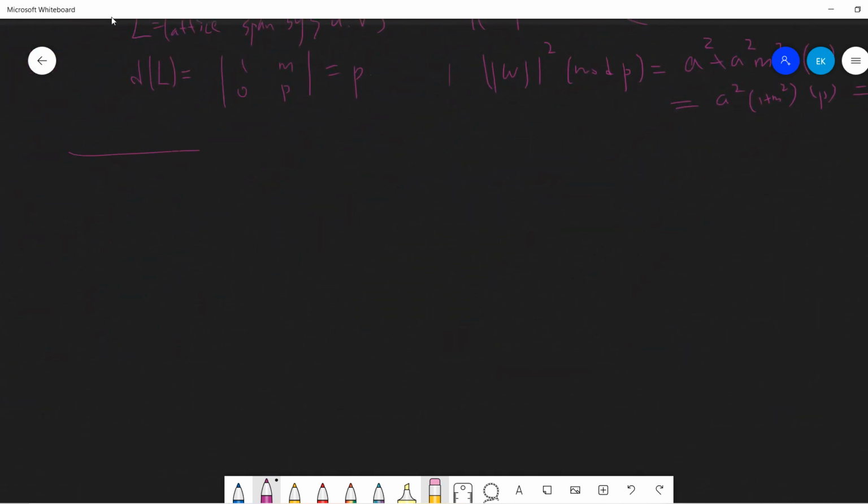Okay, so this is the proof process. So finally we want to construct a convex set A in R2. Okay, so the construction is that A is the ball with radius square root of 2p, centered at (0, 0).